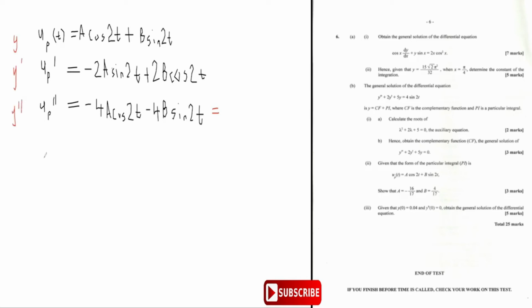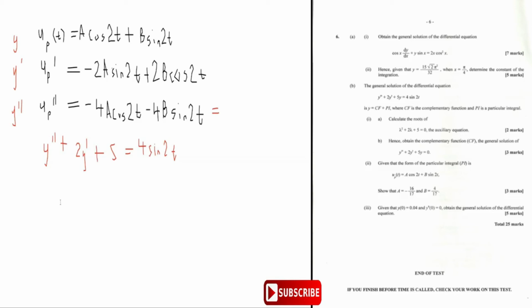So you're going back to the general equation. It said y double prime plus 2y prime plus 5y is equal to 4 sine 2t. I want to make sure you all are following, so I won't leave out any steps. Now you're going to replace y double prime with all of this.